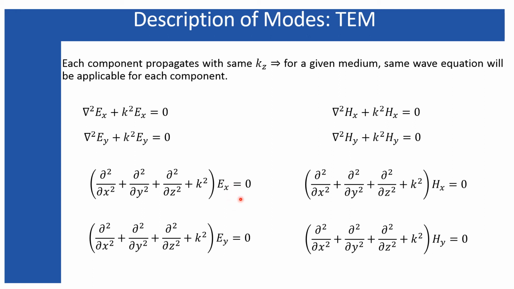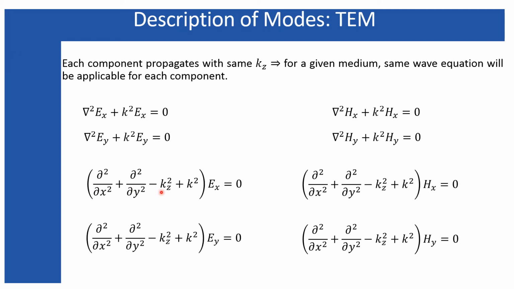So if you replace it here, this derivative will operate on the z-dependent part, and that will happen for each and every component and each and every expression, and finally the z derivative will bring this kz factor out from Ex, Ey, Hy and Hx in each and every expression.